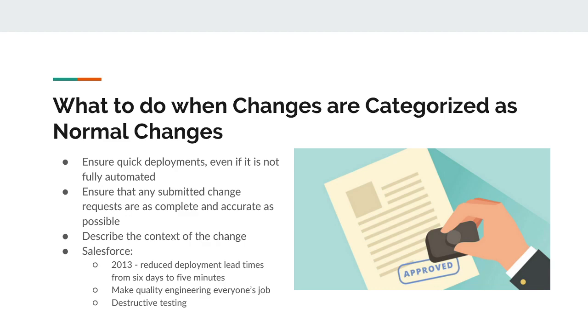So what they did was change their system using more of the DevOps principles and practices. And by implementing so, the company in 2013 was able to reduce their deployment lead times from 6 days to 5 minutes.